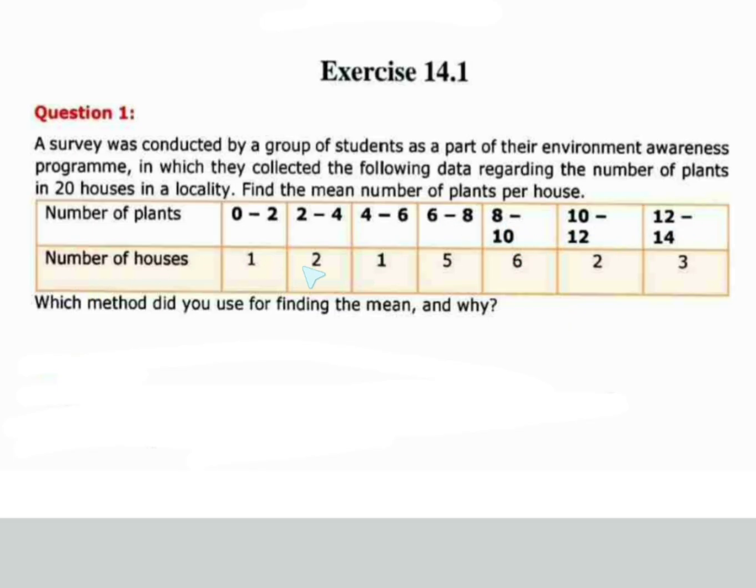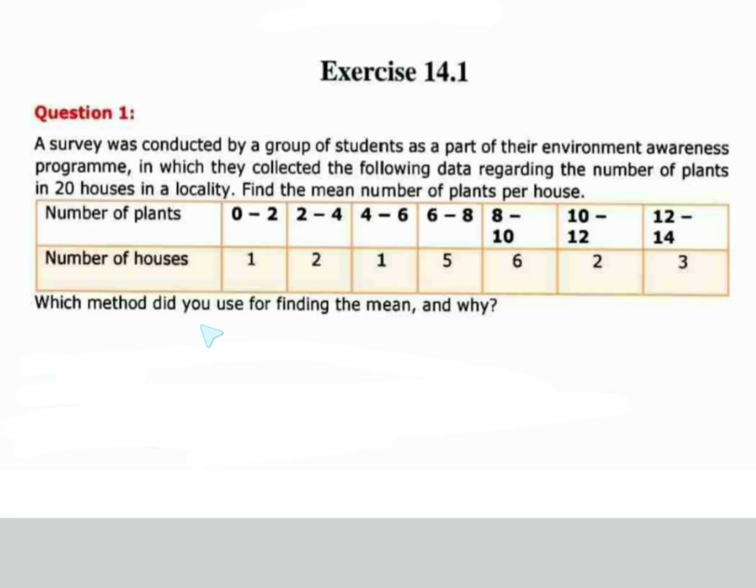The number of houses: for 0 to 2 plants there is 1 house, 2 to 4 is 2 houses, 4 to 6 is 1 house, 6 to 8 is 5 houses, 8 to 10 is 6 houses, 10 to 12 is 2 houses, and 12 to 14 plants are there in 3 houses.